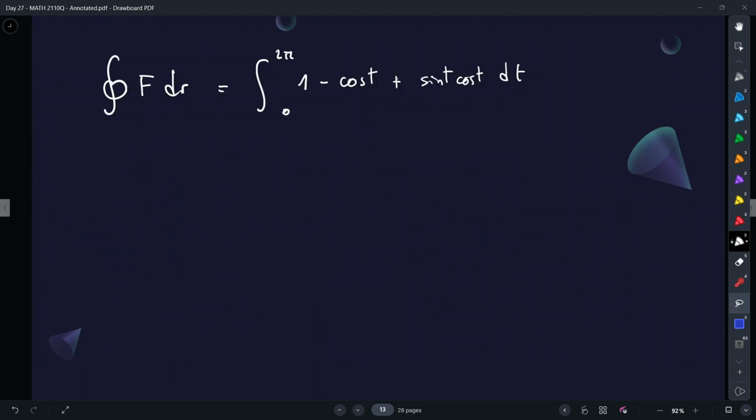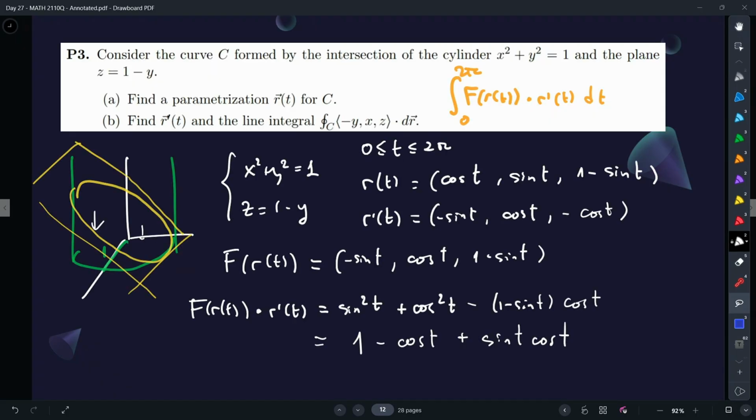Is this going to be 0? Can I check that this is 0 without having to do much of this? It's a line integral in a closed loop, so I could try to use Stokes to make sure that I'm not doing all of this when I could have just used Stokes and say this is 0.